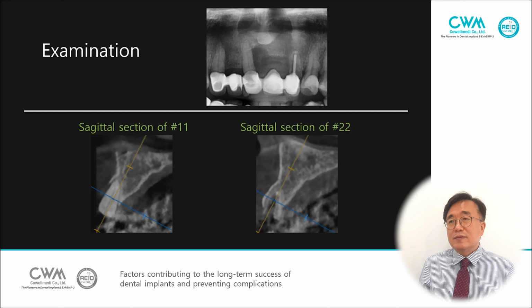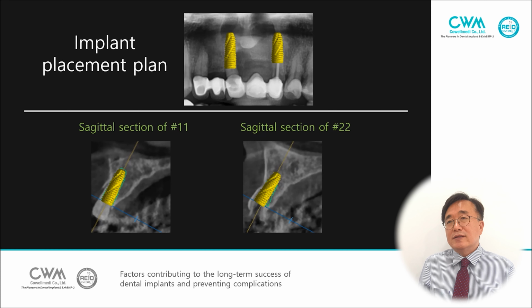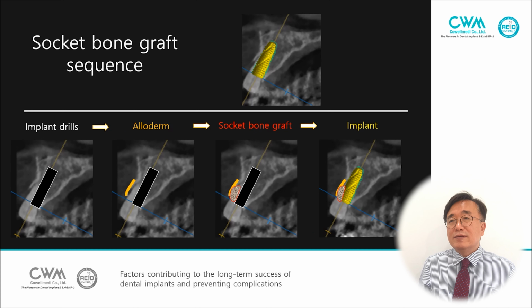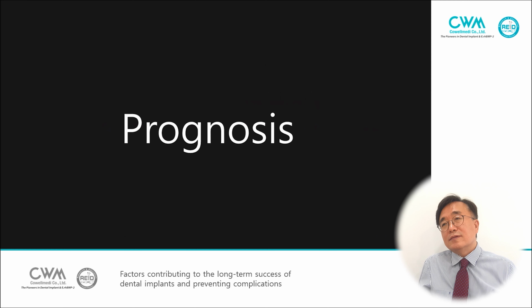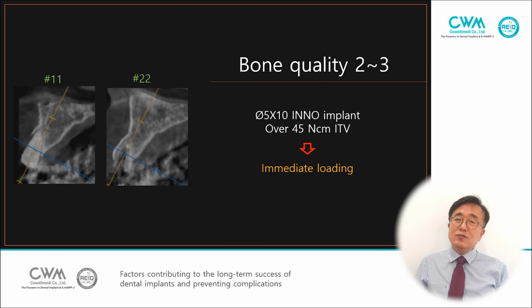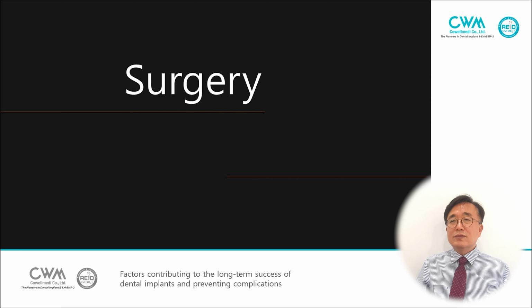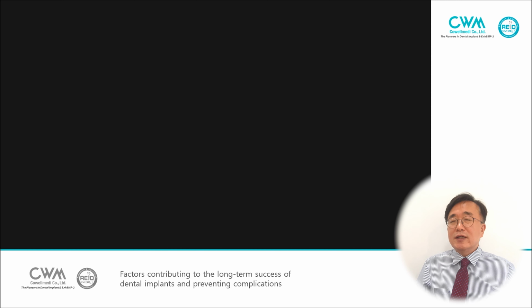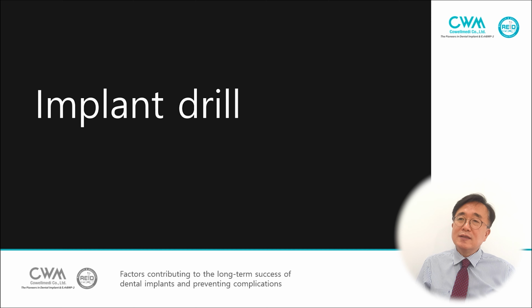So, the next case. Eleven side and here, there is no buccal bone at the 11 side. So this bone quality is 2 or 3. So we can do immediate loading. So at the 11 side we have to do a buccal bone graft.